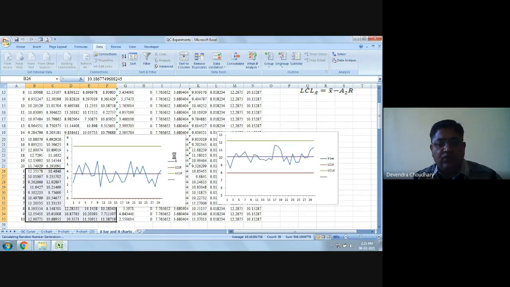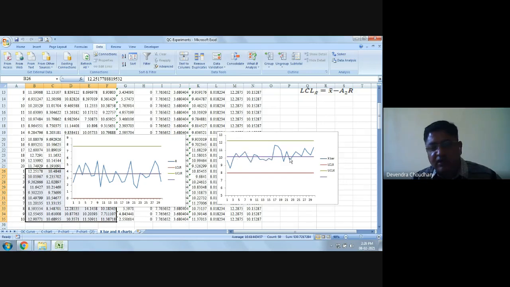So you observe that yes, as far as R bar chart is concerned, it is not showing any impact of shift in mean. But yes, earlier the values were falling on both sides of the center line.